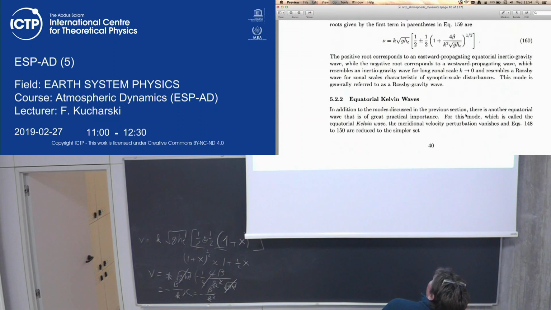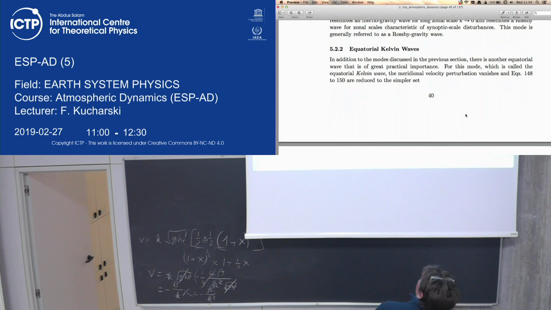Okay, so there is now one very special case, which is the equatorial Kelvin wave. And it's a new solution that can be derived, and we do this ad hoc. We say we find in observations or from experience that an important wave type obeys the criterion that the meridional velocity component is exactly 0.